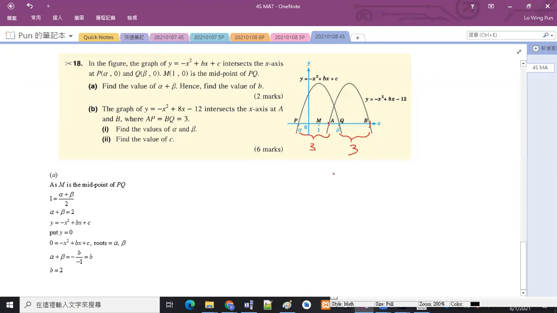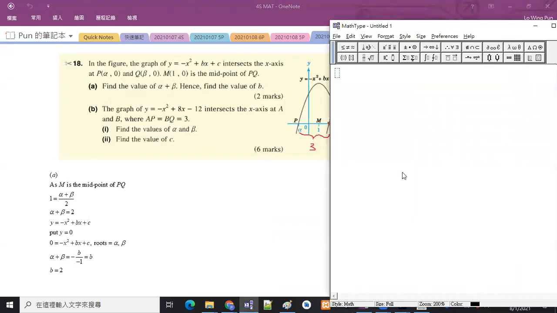So this is my plan. But can I find the coordinates of A and B? Yes, of course, because for this equation, y equals negative x squared plus 8x minus 12, there is no unknown. We are very ready to find the x-intercepts. That is A and B.